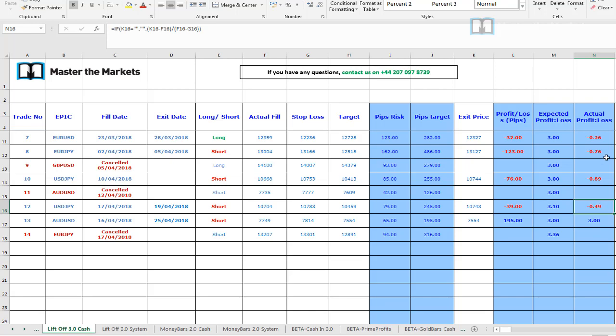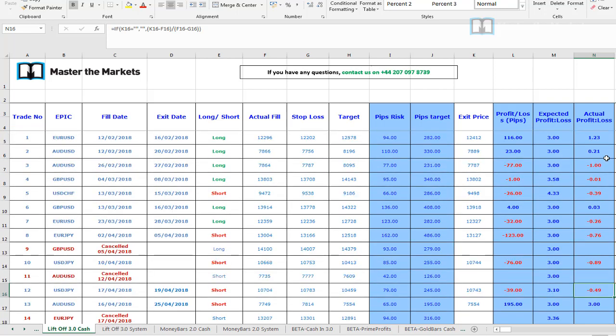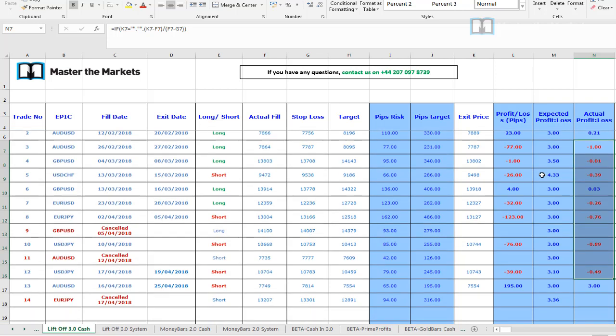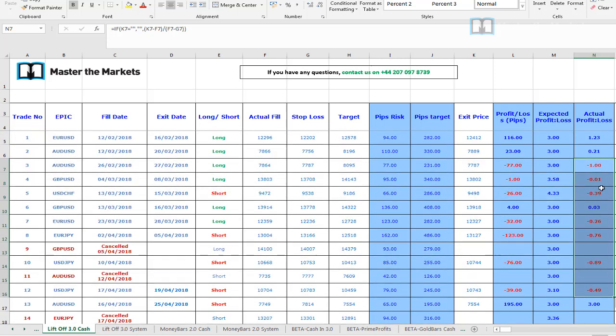Now, there was a little bit of concern here, because if you look at the drawdown that was being taken on the Liftoff strategy over the last couple of months, you can see we were down minus 3.78 on cash, and then what happened as a drawdown, that was at least.